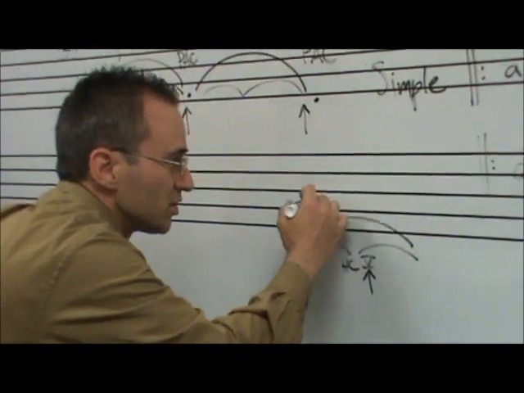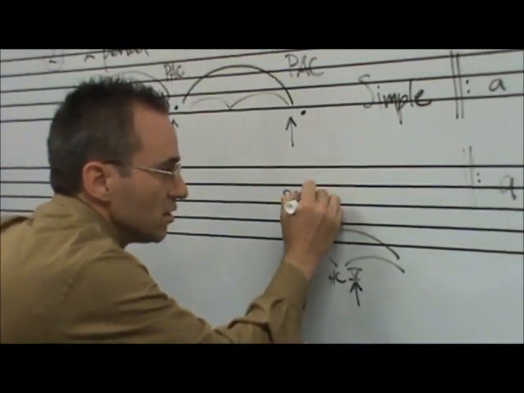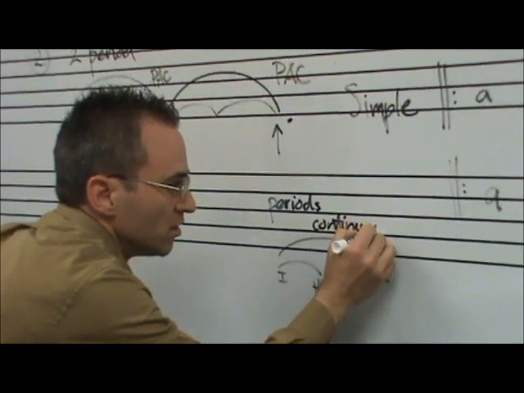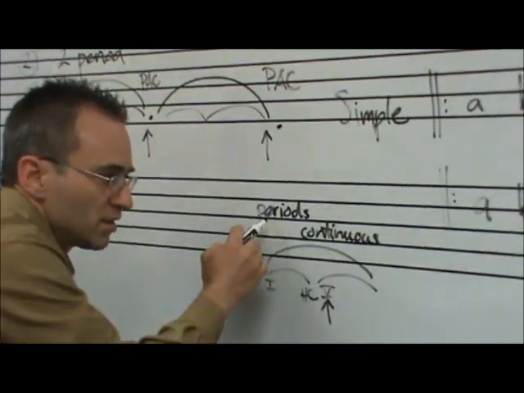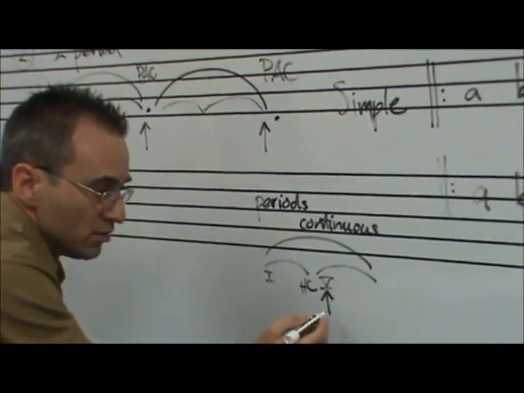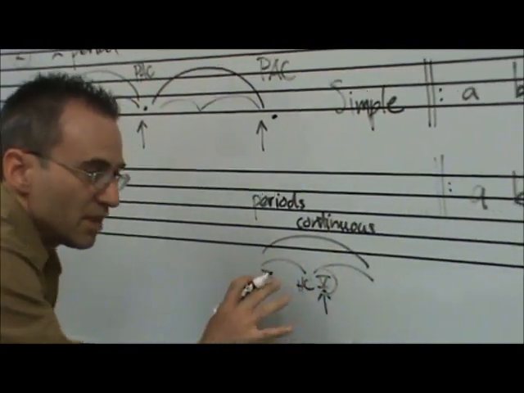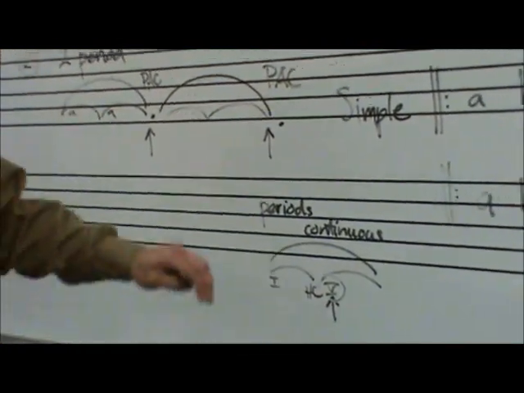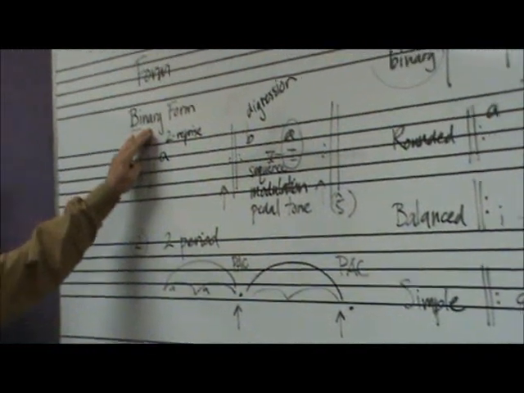So continuous with periods, in the context of periods, that label requires you to look here at the beginning of the second phrase. That's not true when we're dealing with binary form.